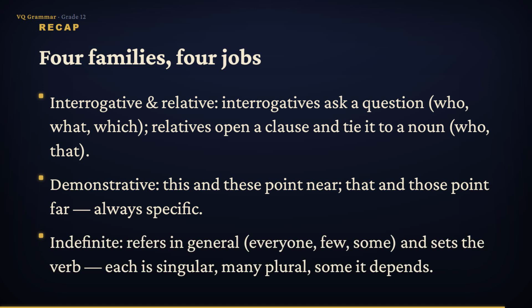And third, the indefinites. They refer in a general way, everyone, few, some, and they quietly control the verb, with words like each staying singular, many going plural, and some taking its cue from context. That's 4 families of pronoun mastered.